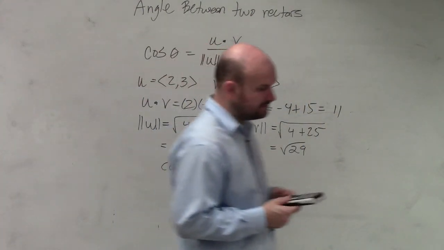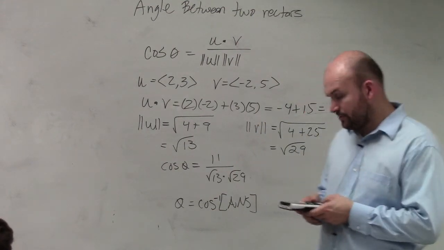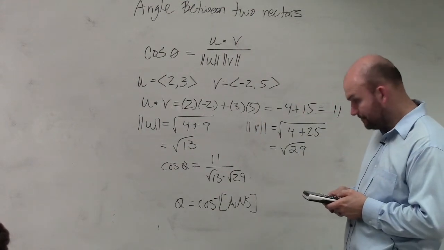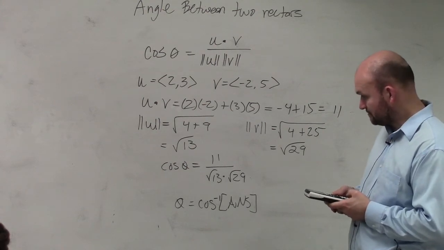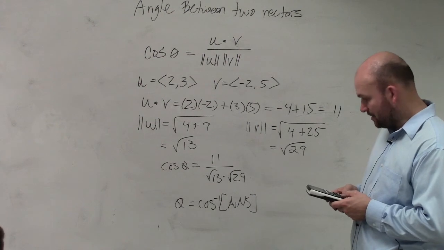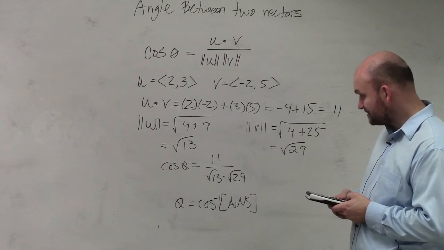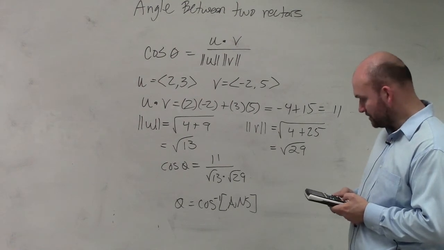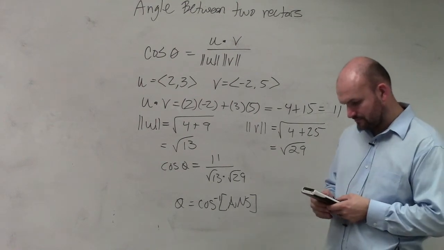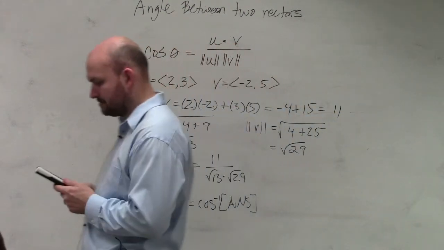On my calculator, again, students usually make errors with their calculator on this. So I'm just going to do 11 divided by, parentheses, the square root of 13 times the square root of 29. I'm just very, very careful with my parentheses.